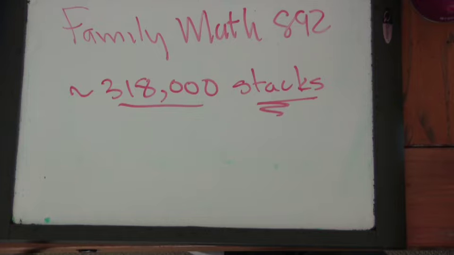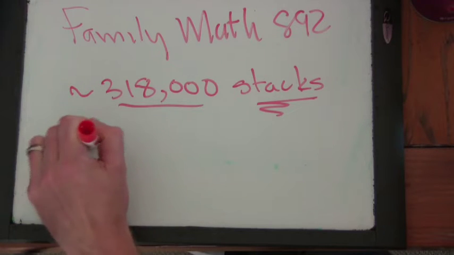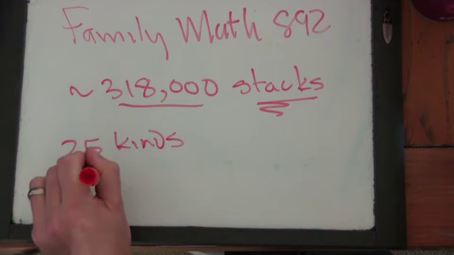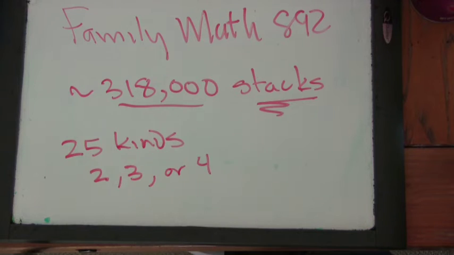Then some people wondered, what did that mean exactly? According to them, there are 25 kinds, and they meant stacks of 2, 3, or 4 Pringles.